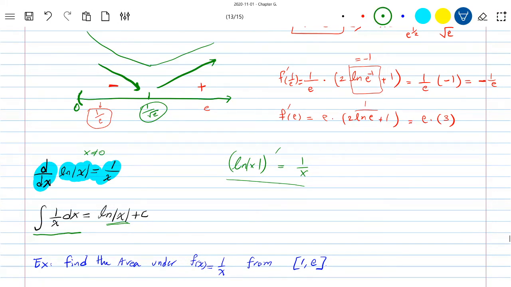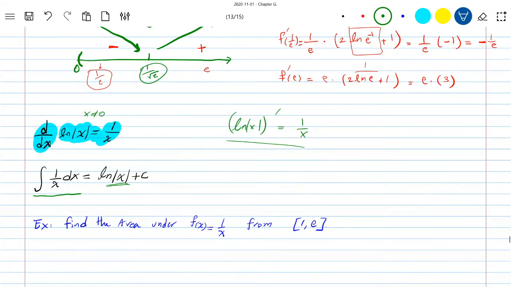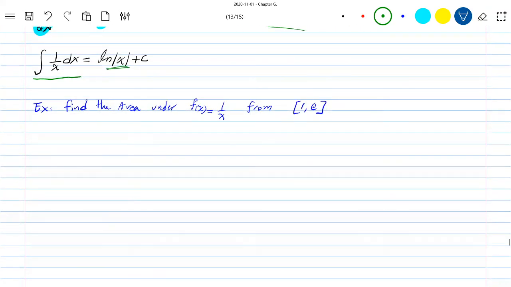Again, everything will apply to this. You can use substitution methods again for all these. So here, first, let's look at the area. They say find the area under this curve. The curve is 1 over x, and if you don't remember how 1 over x looks, I'll give you an idea. And they say from 1 to e.